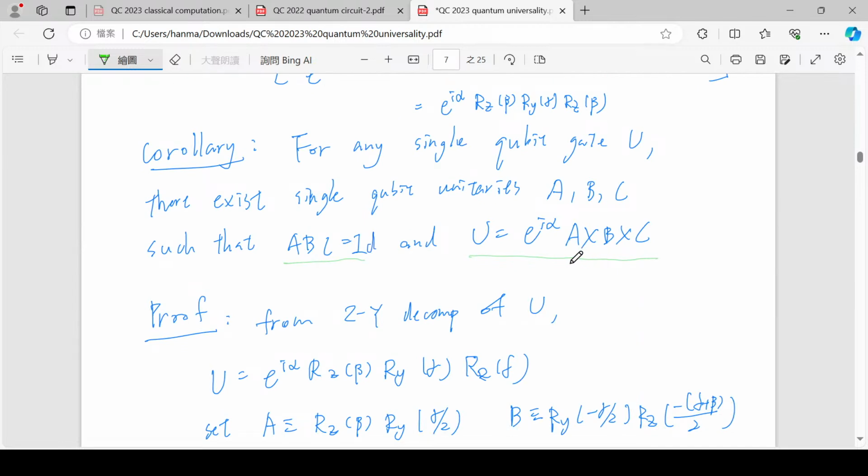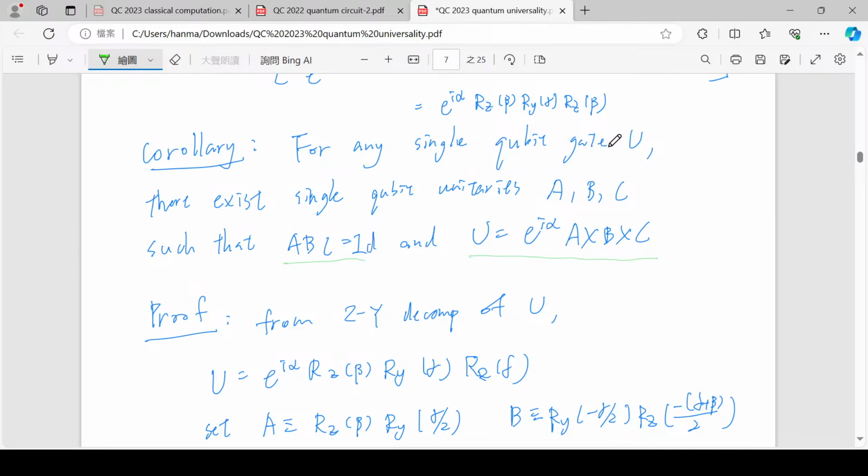Okay, and so first we have a corollary, and that will be useful when we do the 2 qubit gate. We say that for any single qubit unitary, we can decompose it in a funny way.